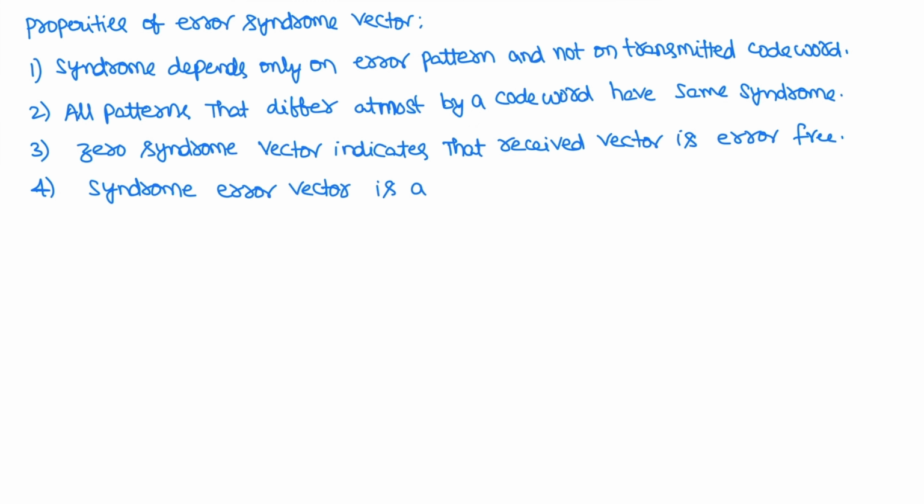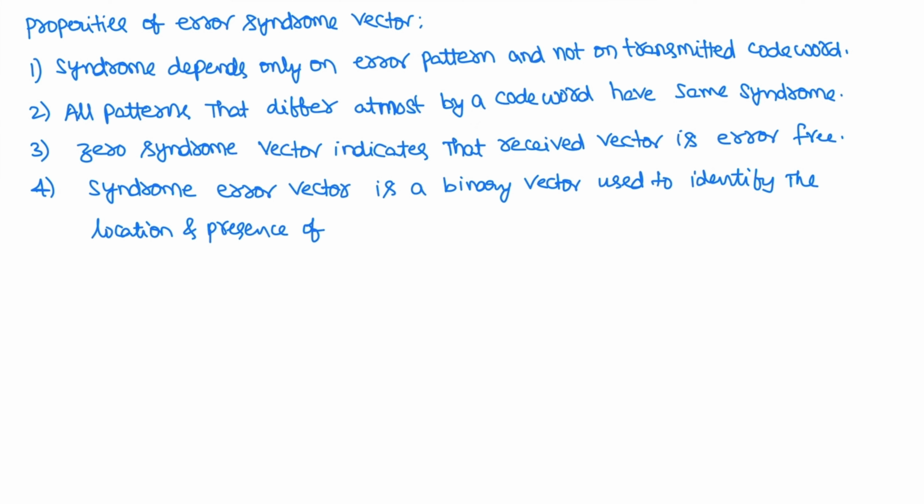Next, the syndrome error vector is a binary vector used to identify the location and presence of errors in the received code word.